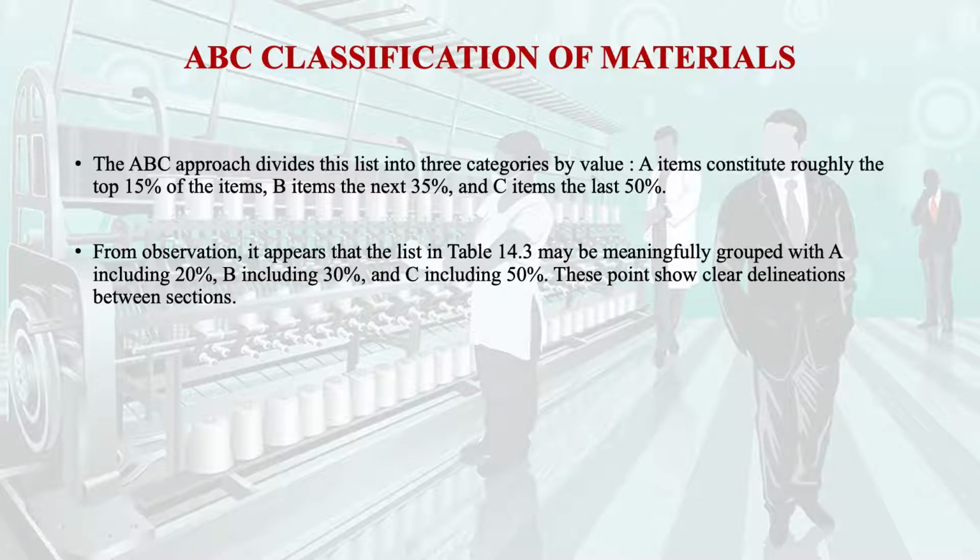From the observation of the table, it appears that the list may form meaningful groups with A including 20%, B including 30%, and C including 50%. Now these points show a clear delineation between the sections.